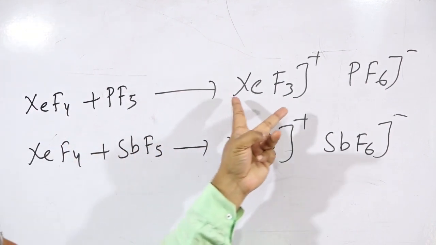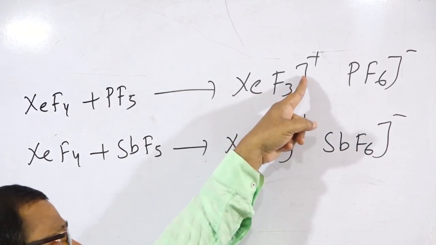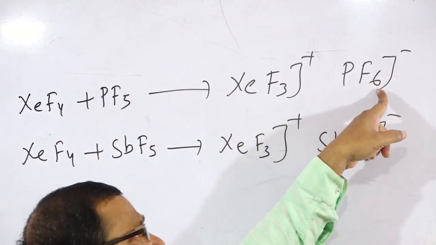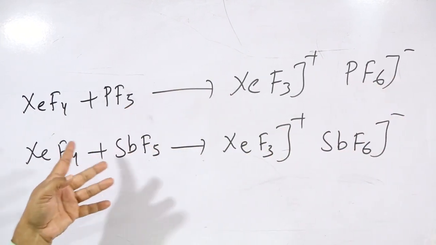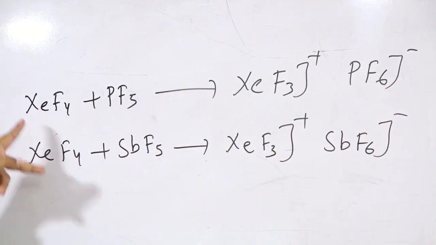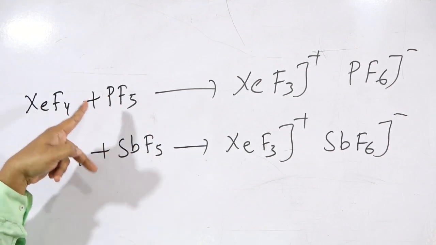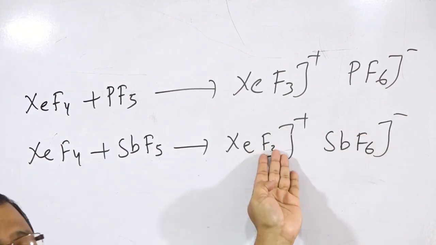After the loss of F minus ion, it becomes XeF3 plus, and after getting that F minus, it becomes PF6 minus. So these are also important reactions. Xenon tetrafluoride reacts with the fluoride compounds of group 15, particularly phosphorus and antimony, to form cationic and anionic compounds.